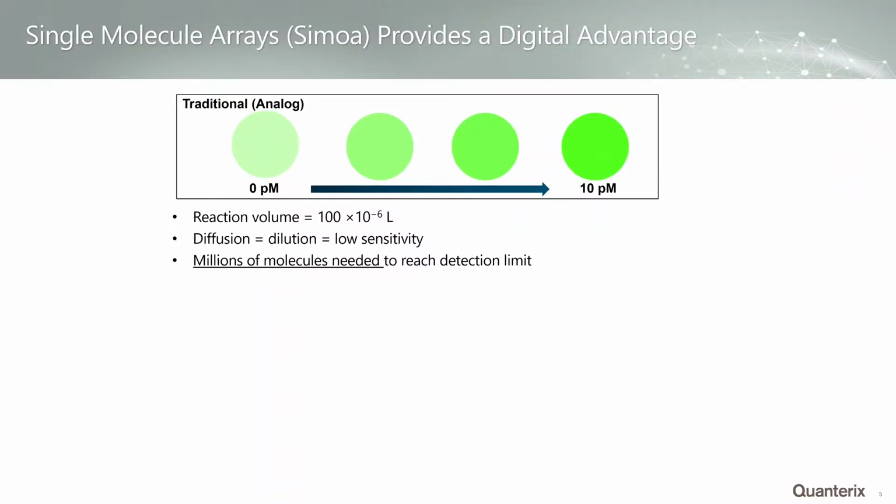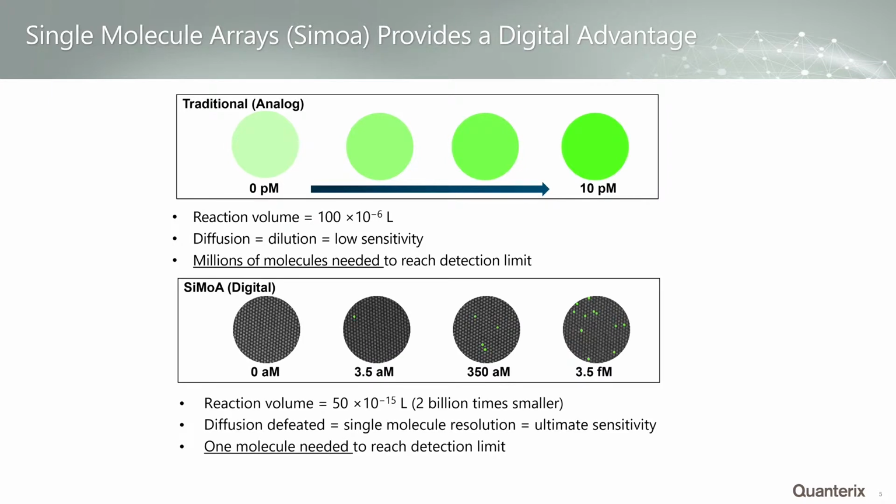But on the bead assay, which is where we started, really what we're doing is we digitize the detection of proteins. In a traditional ELISA, you need millions of enzymes that are labeled with the proteins to generate enough signal to overcome the background in your assays to be detected. So what we did with Simoa was we isolated those enzyme-labeled proteins in wells that are about 2 billion times smaller, so they're about 50 femtoliters.